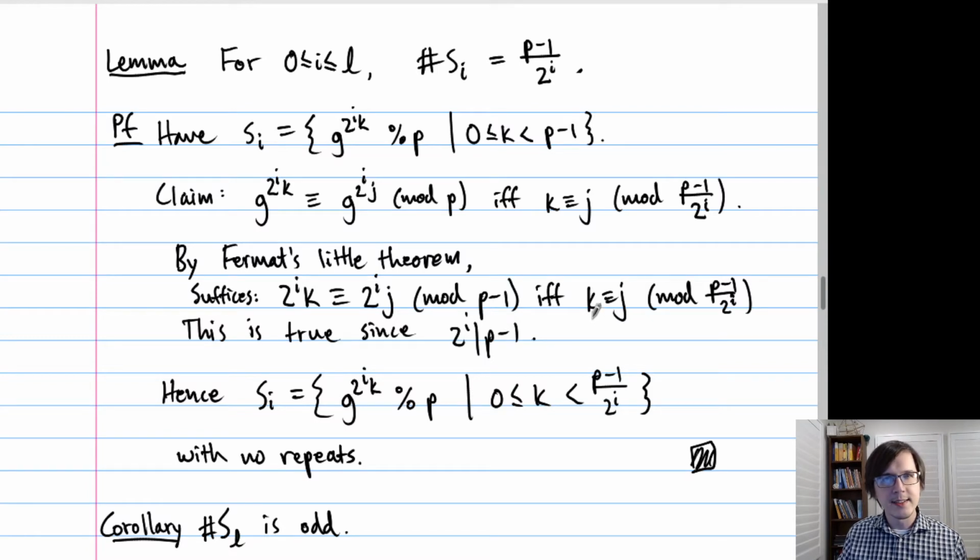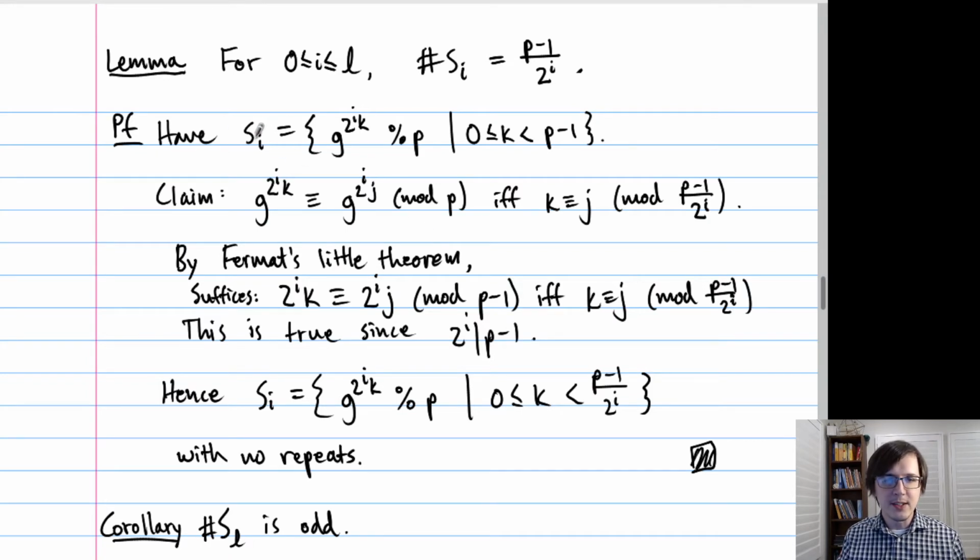One part that's important here is we want to know how many elements are in Si. Basically we know why already: we're taking every 2 to the i-th element, so if we divide by 2 to the i, that gives us how many elements there are. But I'll do it completely symbolically here.